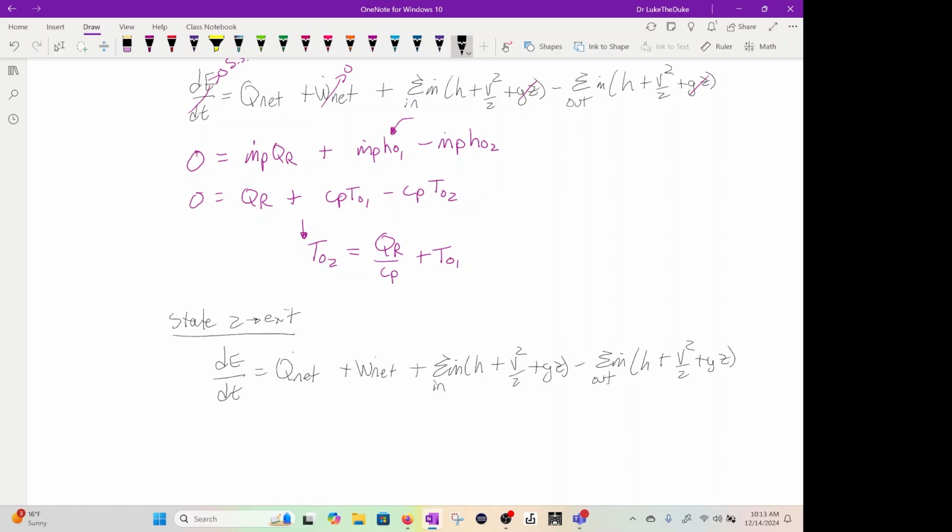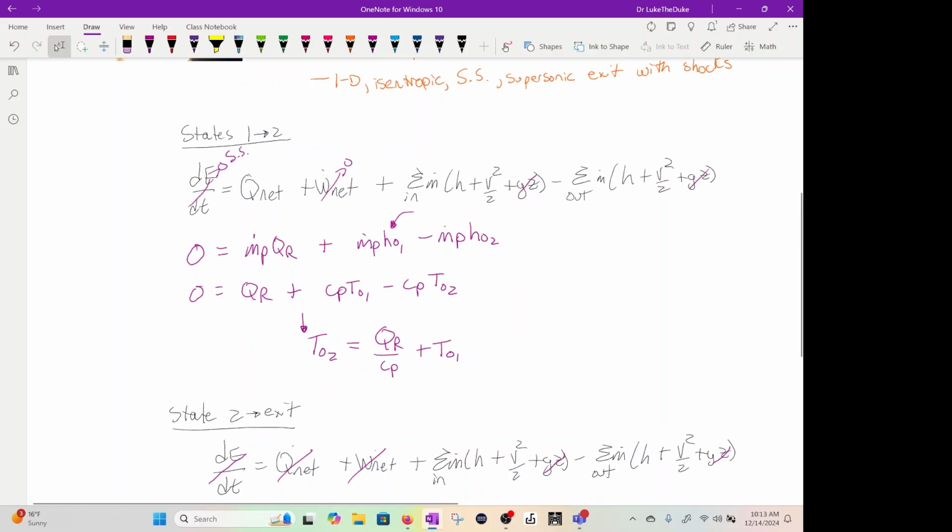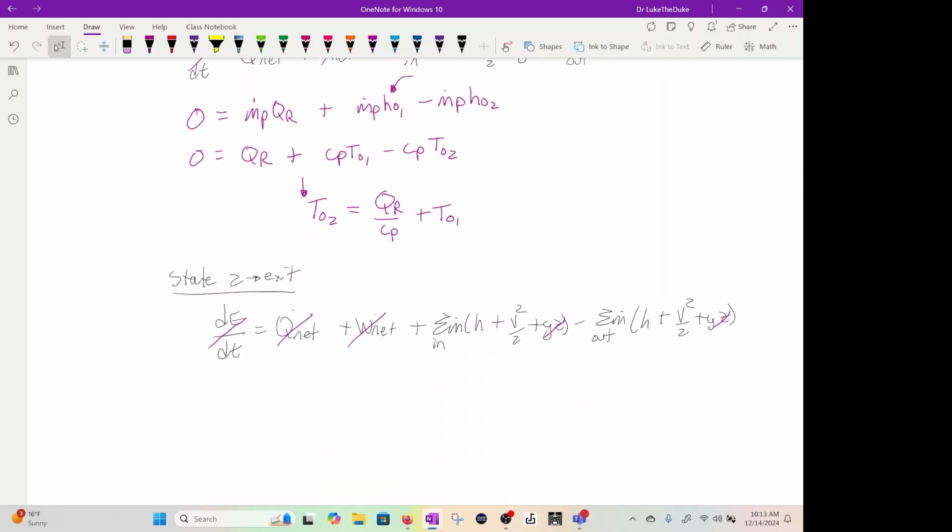And this is out. Again, there's no mechanical work. There's no heat transfer. It's steady state. Elevation changes are gone. This velocity at 2, again, is 0. All right. So this term right here, you'll see becomes h naught 2, just like above.